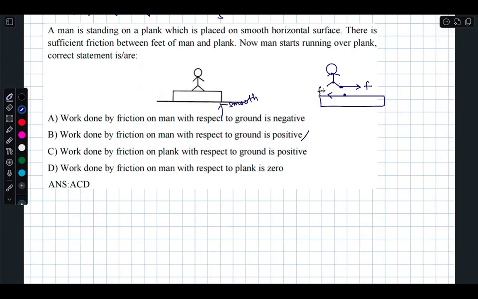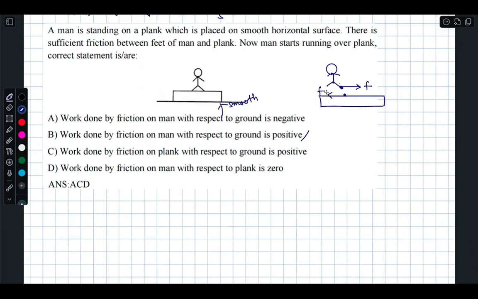Work done by friction on man with respect to ground is negative. Correct or wrong? A man starts running over the plank. Yes, negative. Why? Because this contact point is moving back.